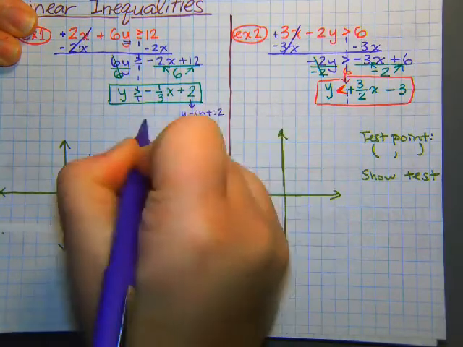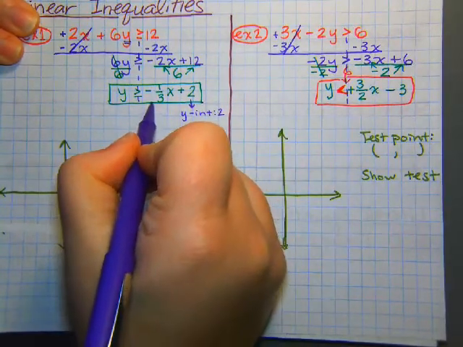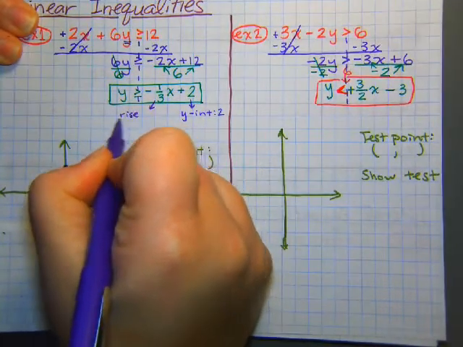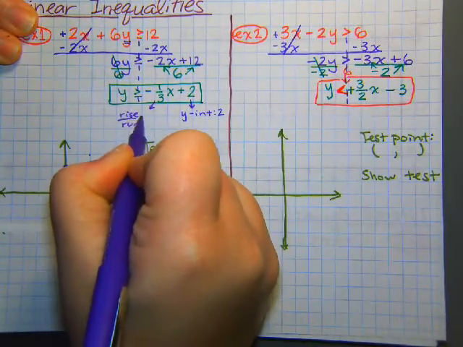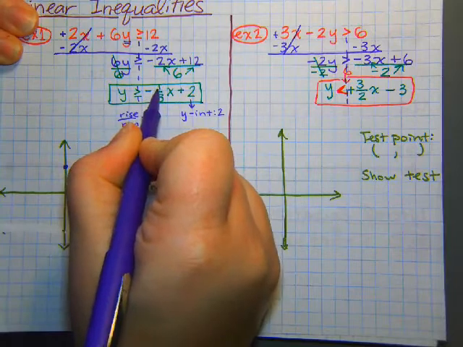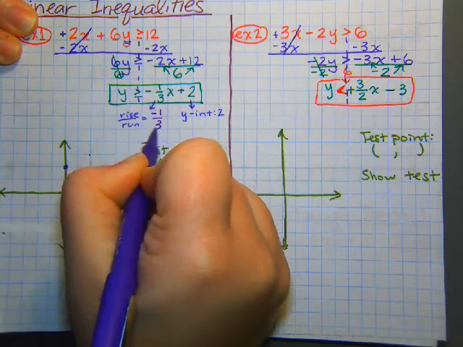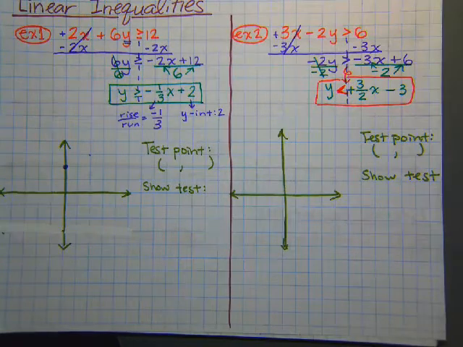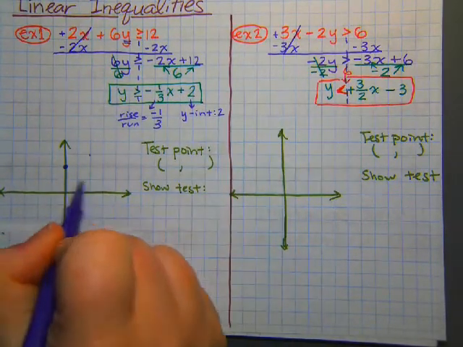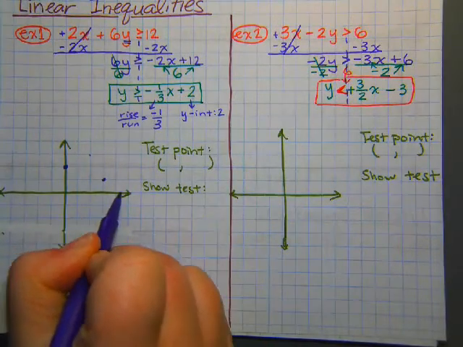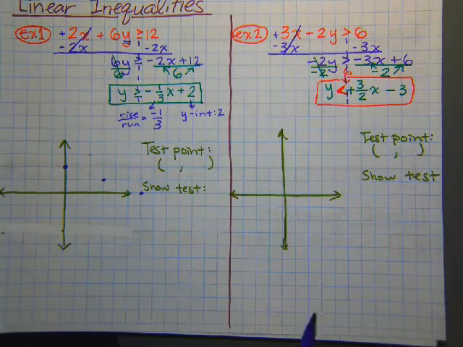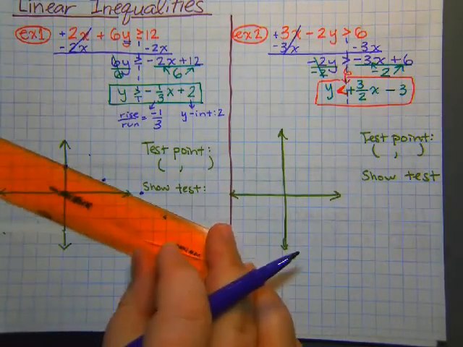Here, this is my slope. And remember, slope is rise over run, and what I'm going to do is stick the negative with the 1 in the numerator. Since there's only one negative, it can only go in one place. So this is going to tell us to go down 1, right 3. Down 1, right 3, down 1, right 3.